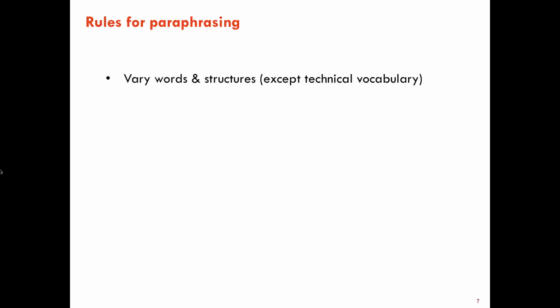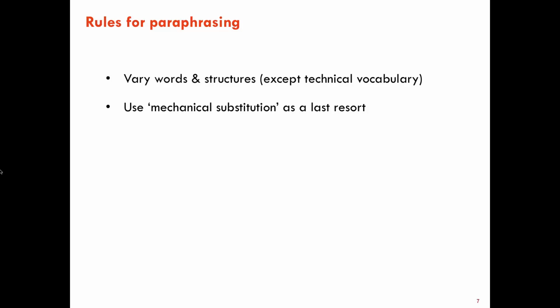First, try to use a combination of your own words and structures and the words and structures from the original. It's often a combination because it may not be possible to change some of the technical or specialist vocabulary in the original. Second, the best way to paraphrase is to try to understand the information thoroughly first, then put the source aside and write your own version from your notes and/or your memory.